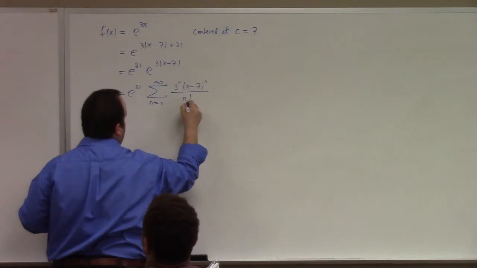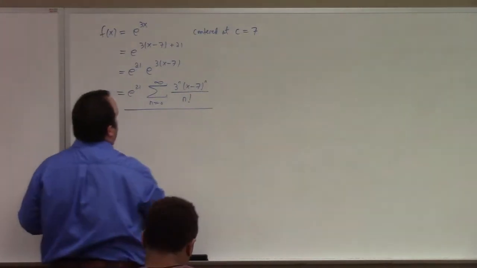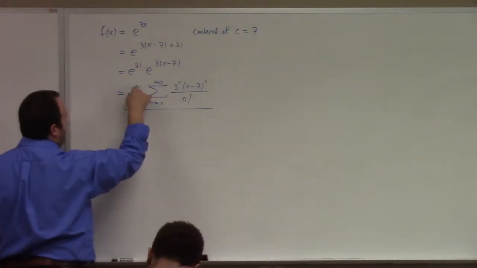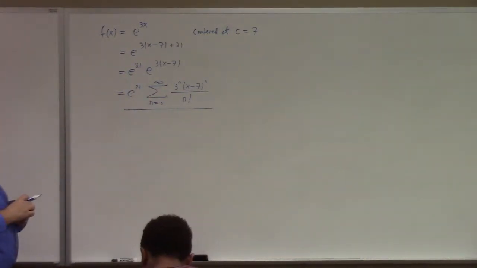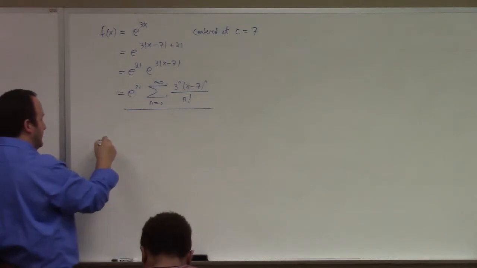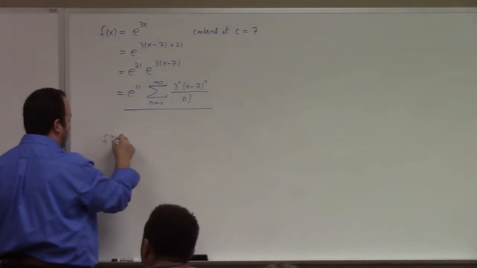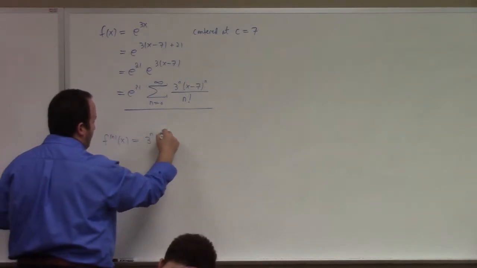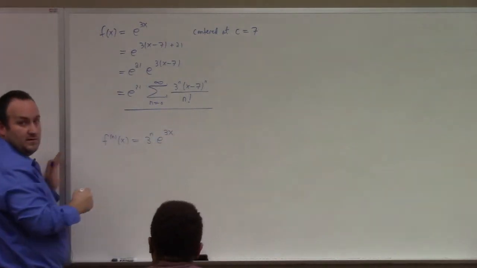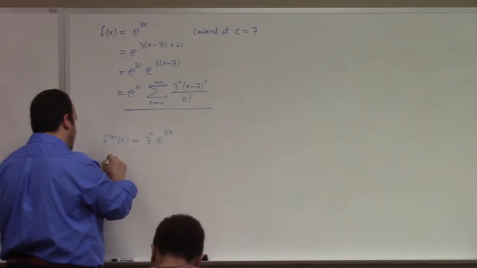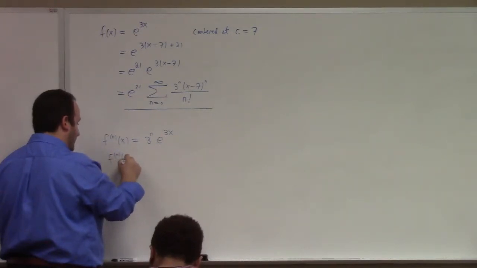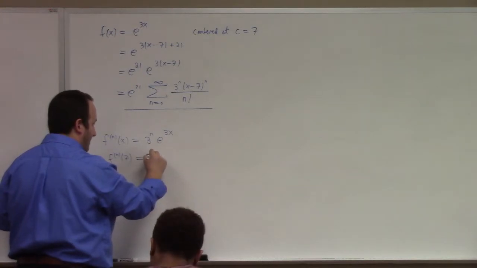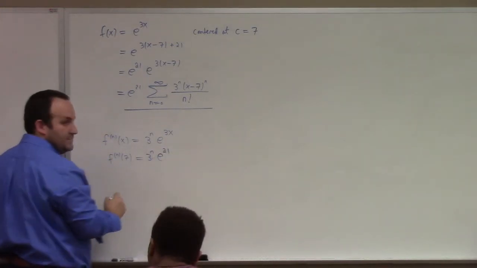Now this one, of course, we could also have done by direct application of Taylor's theorem. It's not hard to see that the nth derivative of this function is 3 to the n times e to the 3x. So if I evaluate that at 7, that's 3 to the n e to the 21.